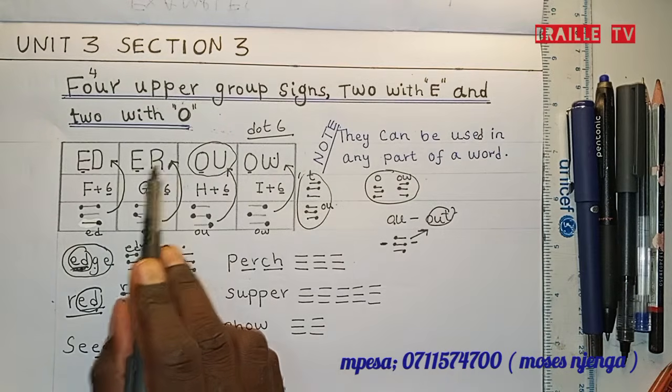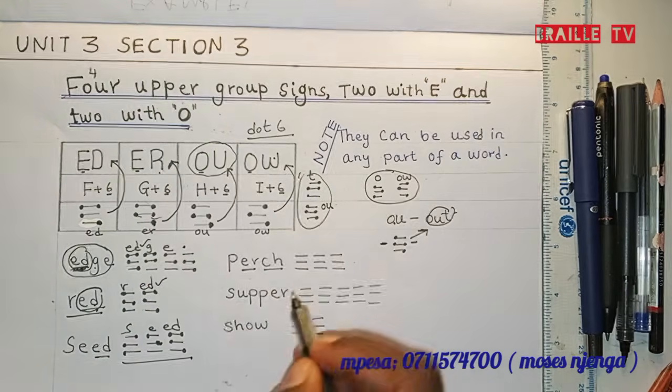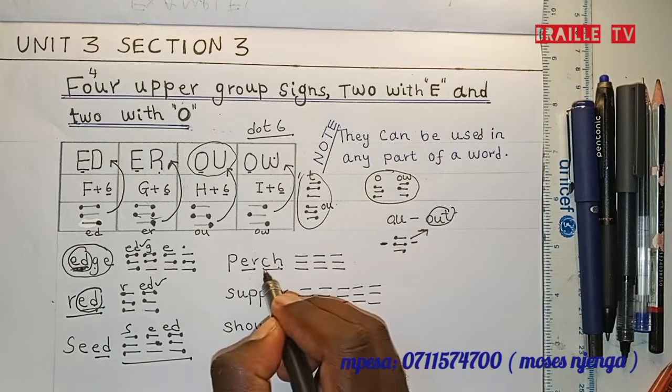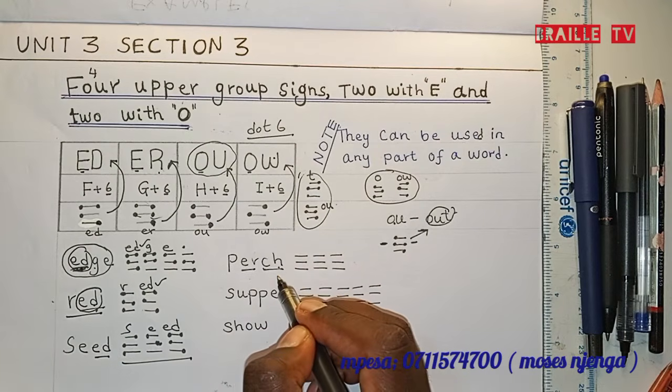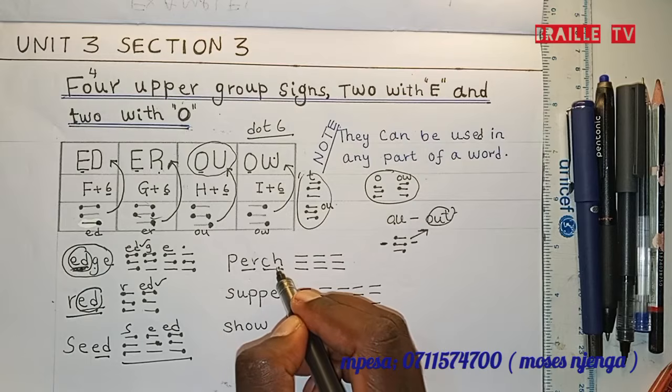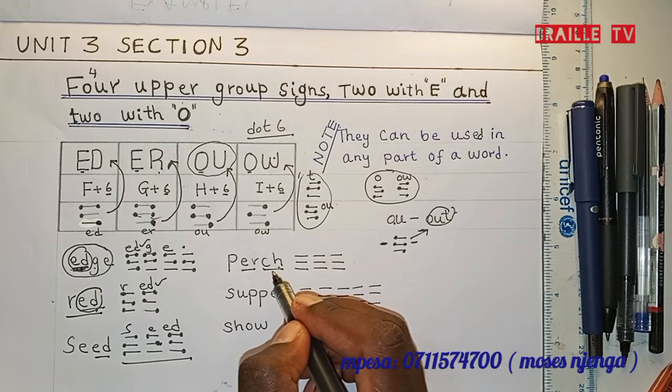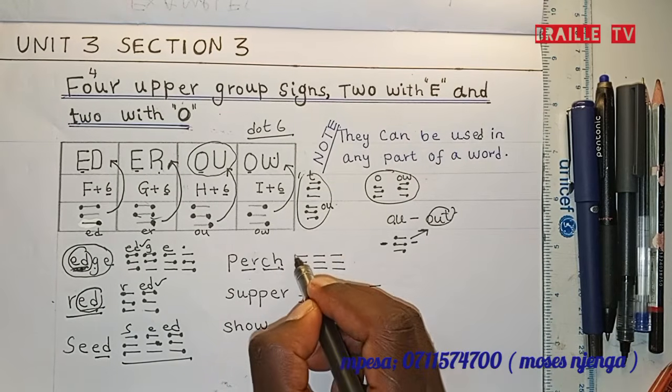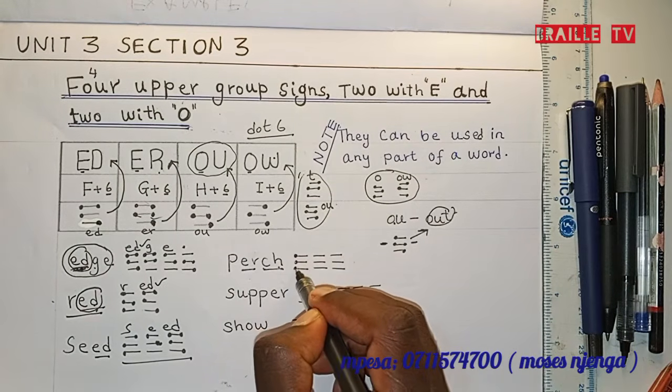That one represents ER. Okay, and then CH, remember we looked at it in the previous lesson. So we are going to contract CH, but remember we said CH is 1 plus dot 6, isn't it? Good. So here you write P, and it's written like that.